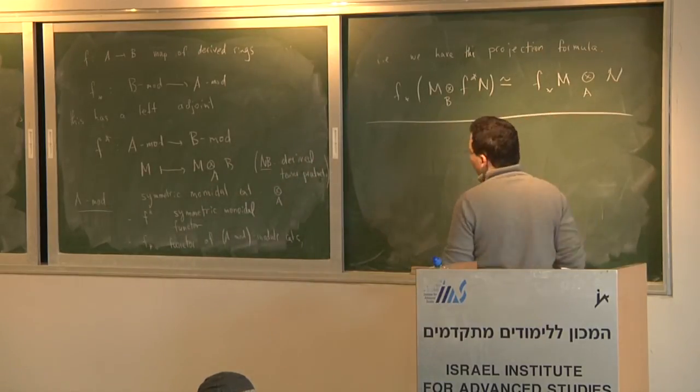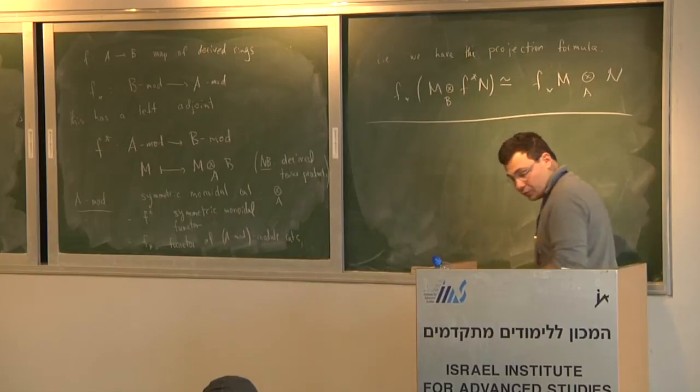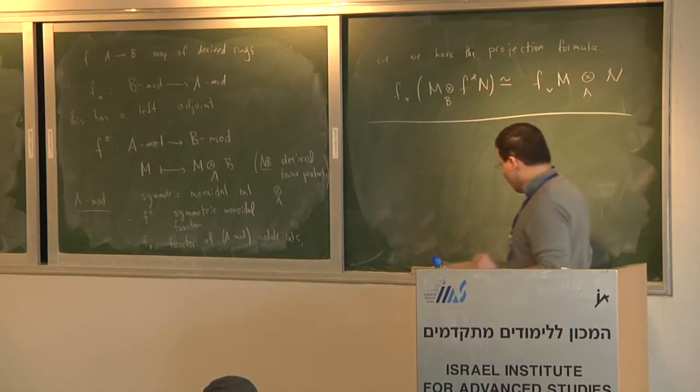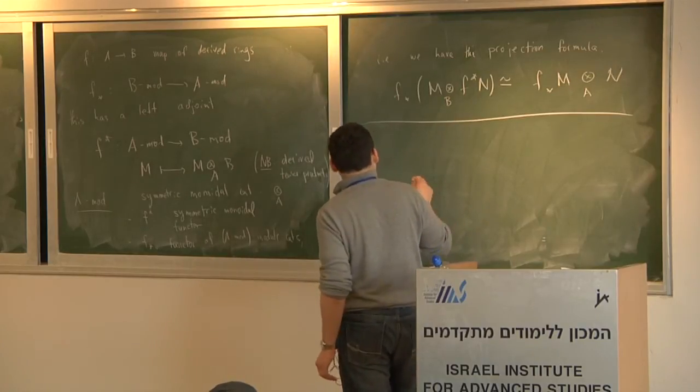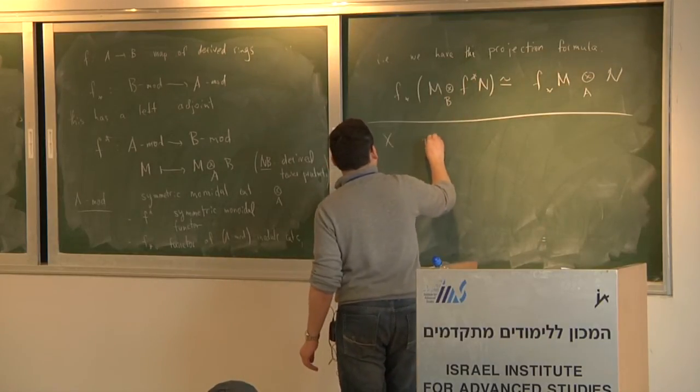So this is what happens for affine schemes. So now let's try to glue this in some way. So, well, again, suppose X is a prestack.